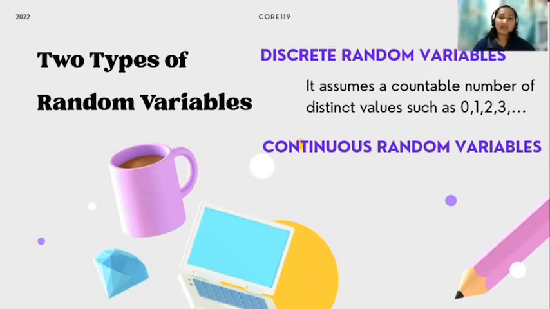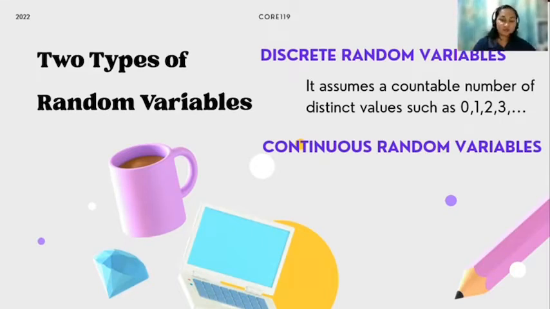So these are countable measures. In this case, we can count the outcomes. Particularly, the outcomes can be represented as integers.